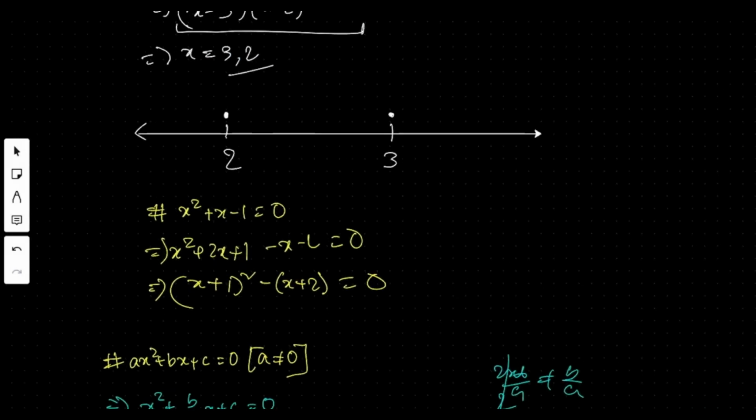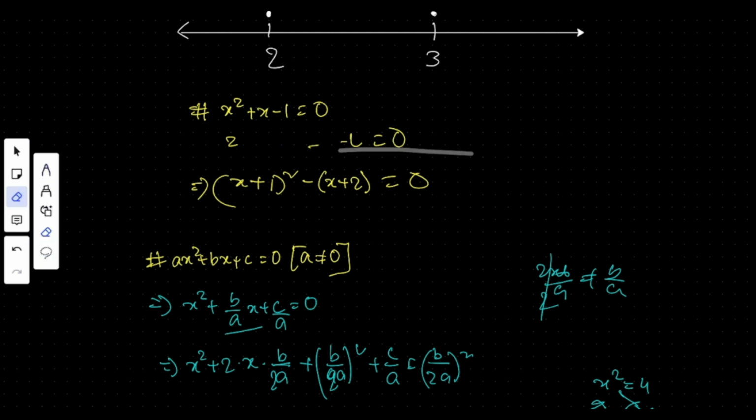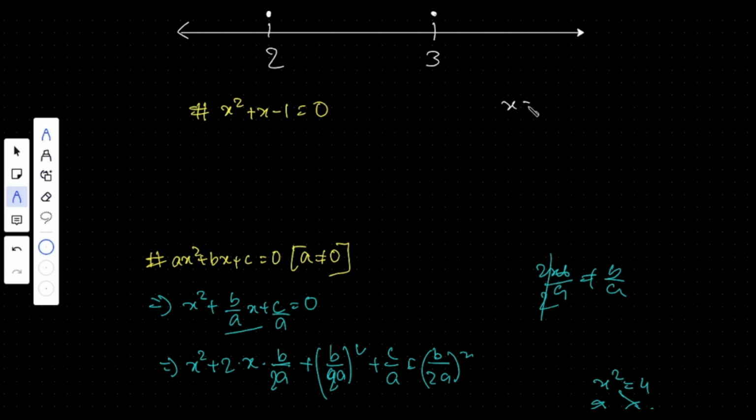So with the help of this, let's come to this equation. How to solve it? What we have found is that x equals minus b plus minus root of b square minus 4ac whole divided by 2a. Here a equals 1, b equals 1, c equals minus 1.